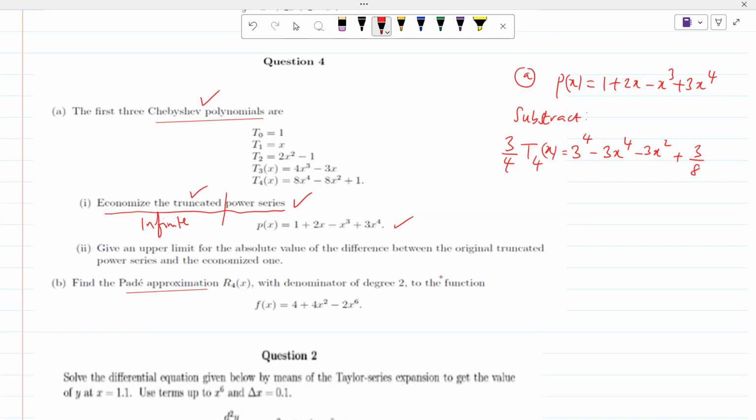So we subtract this from the truncated power series.